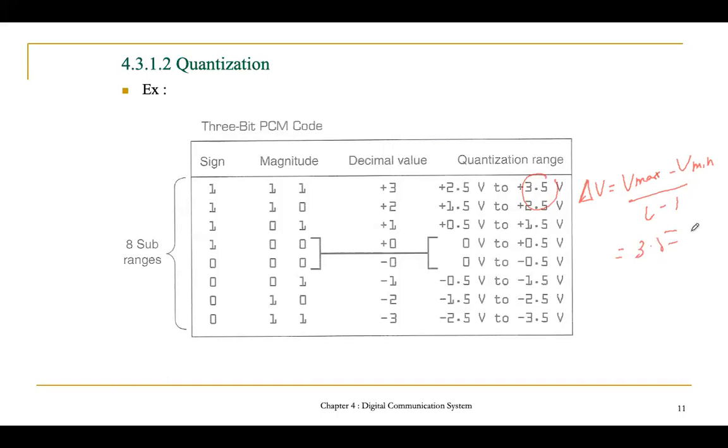Your Vmin is negative 3.5. Divide by L is 8 minus 1. So you will get 1. So that's why the resolution here is 1 volt. Okay, so from 2.5 to 3.5, 1.5 to 2.5, 0.5 to 1.5. Okay, so the resolution or the step size is 1 volt.